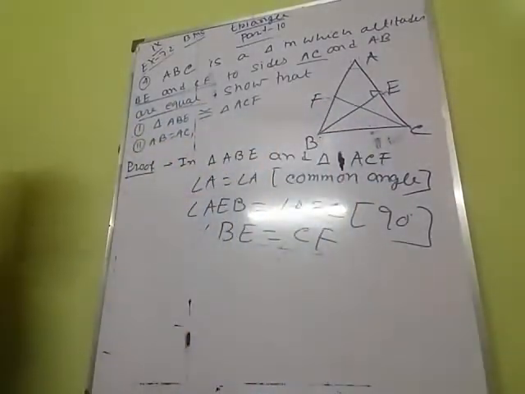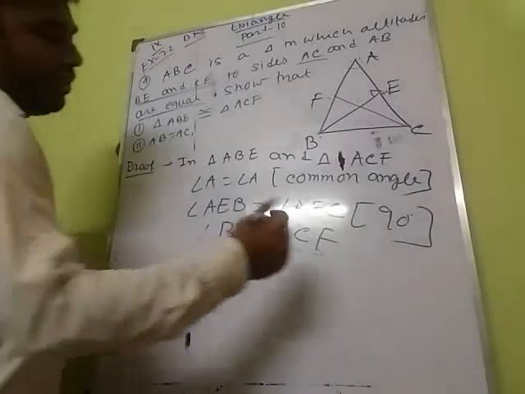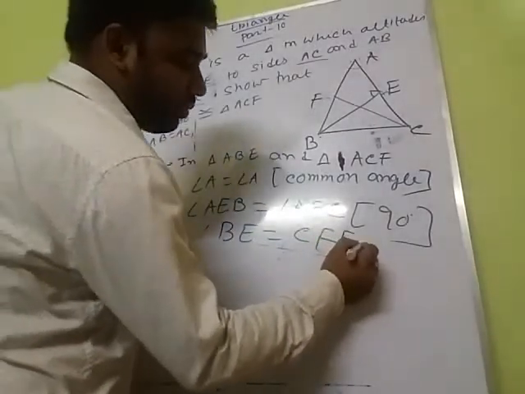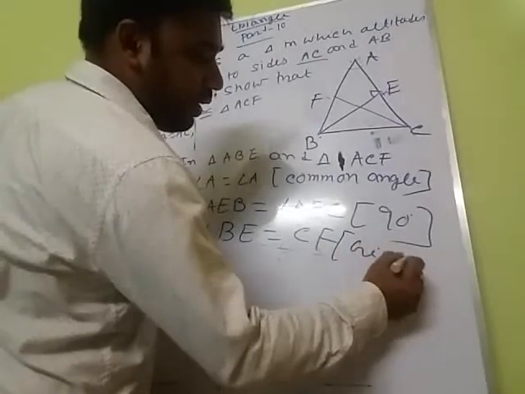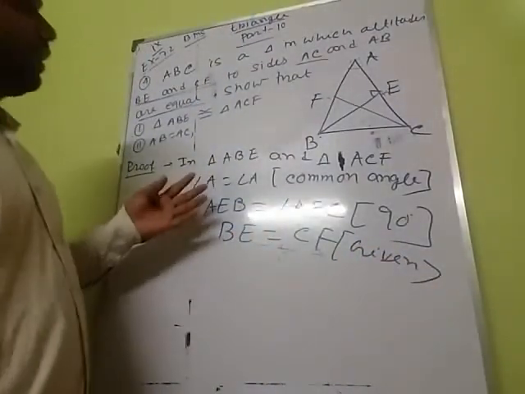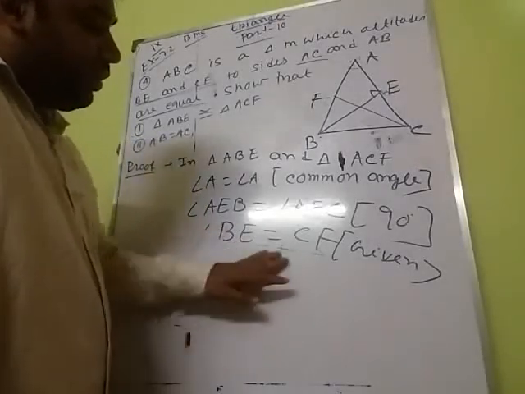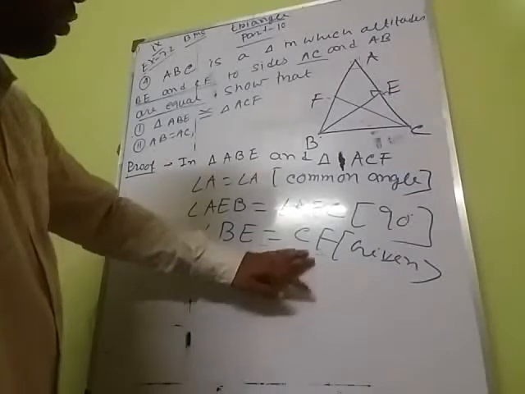That's why we can write that these are equal. BE equals CF because it is given, and these two are altitudes of the two triangles which we have taken.